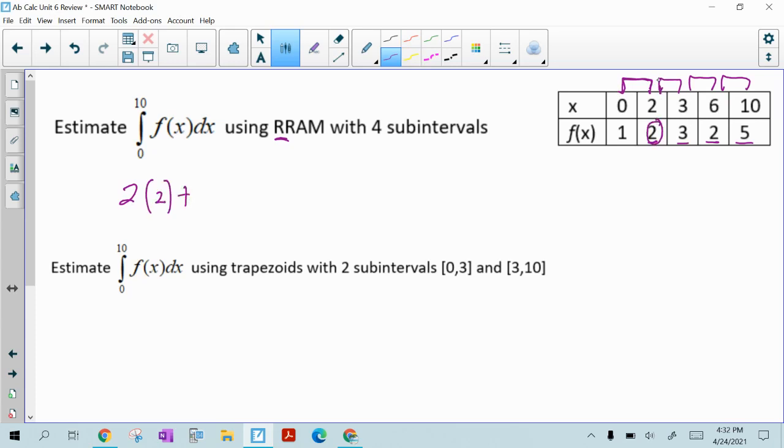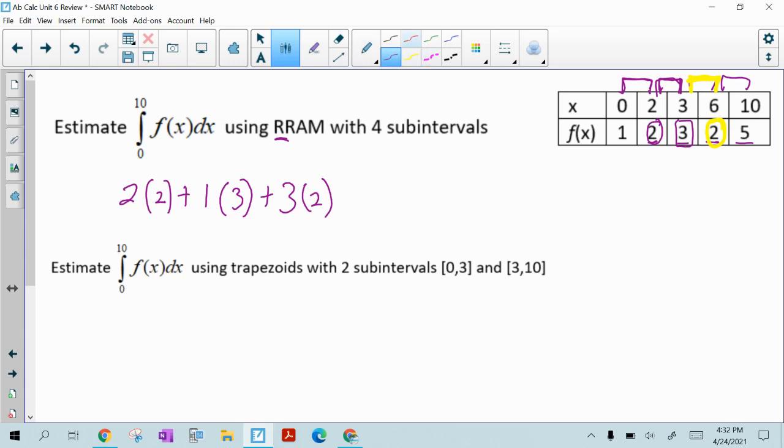Again, the distance between these two in here is going to be 1. And I use my height on the right-hand side, which is 3. And then we're going to say, okay, how about my distance between 3 and 6? And I'm going to say my height is then 2. So I'm going to say 3 times 2.